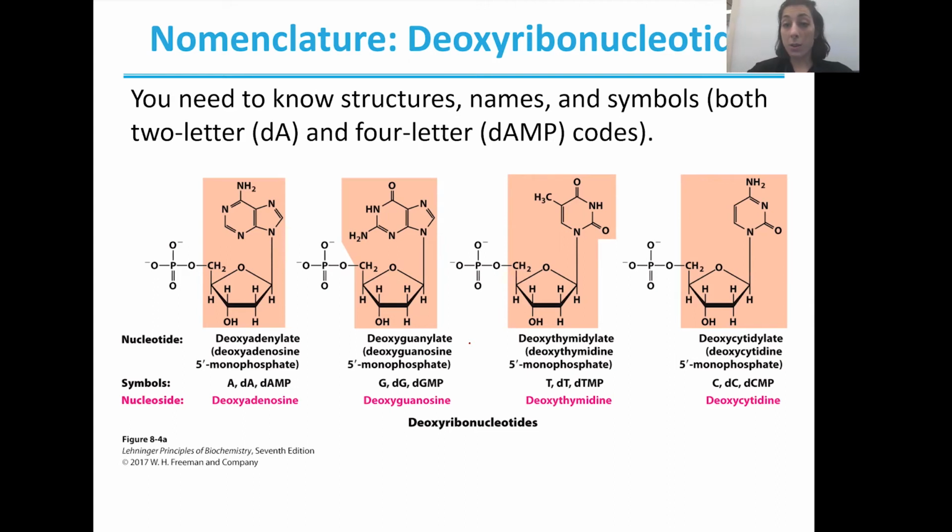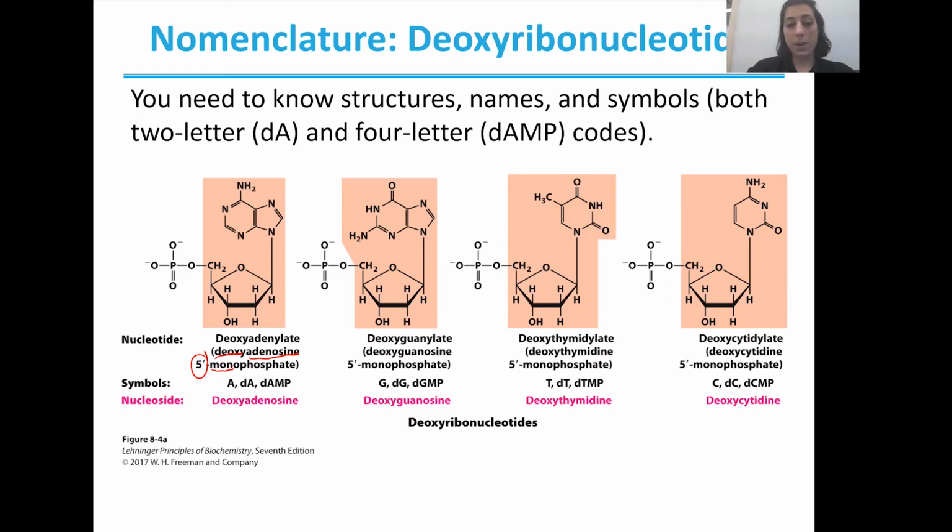So for a nucleotide that has one phosphate on it and uses a deoxyribose, this would be called deoxyadenosine 5' monophosphate. So deoxy is for the sugar, adenosine is the base, 5' is where our phosphate is, and we said that there is one phosphate, that's monophosphate.